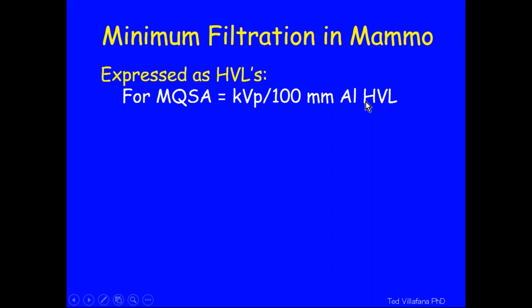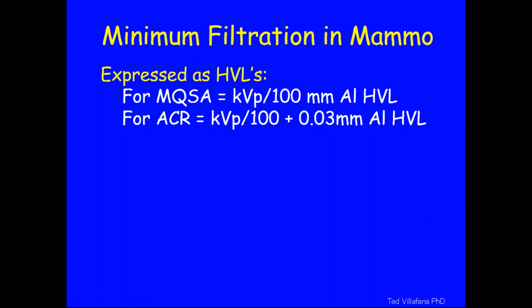Okay, but the American College of Radiology, for their certification, for their accreditation, goes one step further and says kVp over 100 plus 0.03 millimeters of aluminum, and that should be the half value layer of the beam. Remember we mentioned the half value layer defines the penetrating ability, and it's the important parameter that combines both filtration and the voltage.